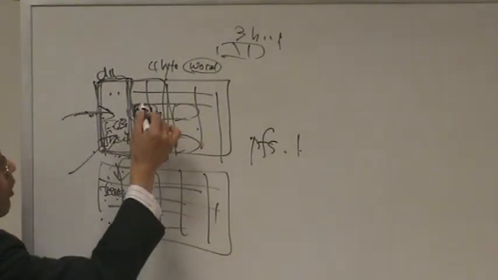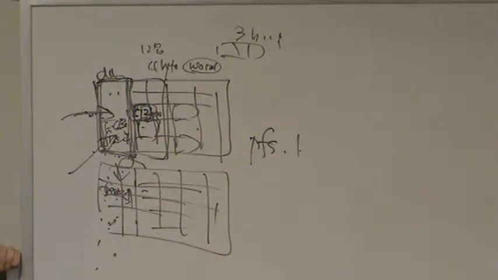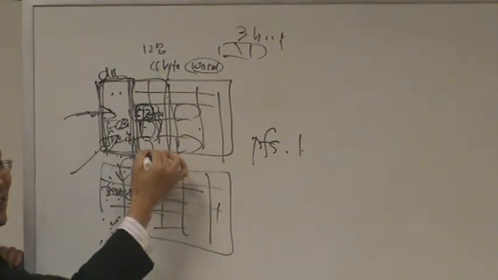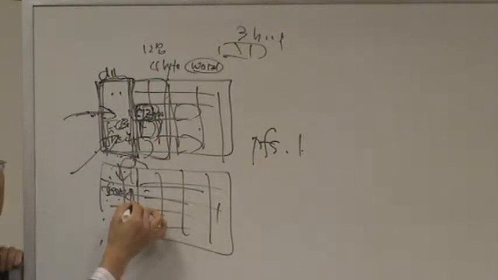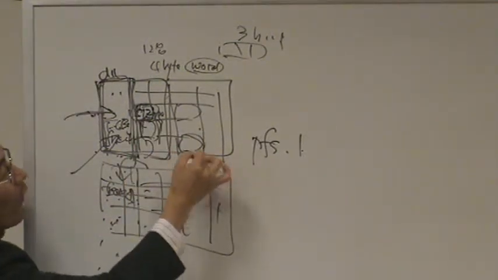Divide by 4, 128 blocks. What if the file is bigger than 128 blocks? You need to have another index, right? Managing indexes is complicated and also takes time. At that time, you can have an index of index.